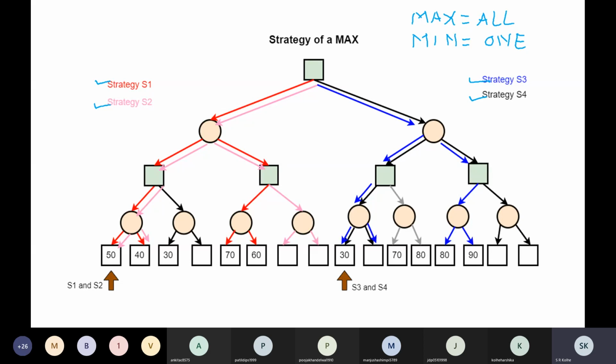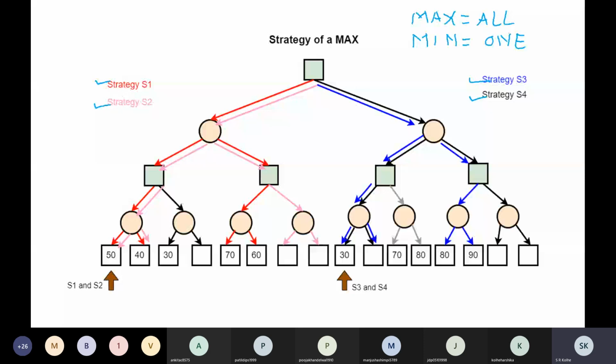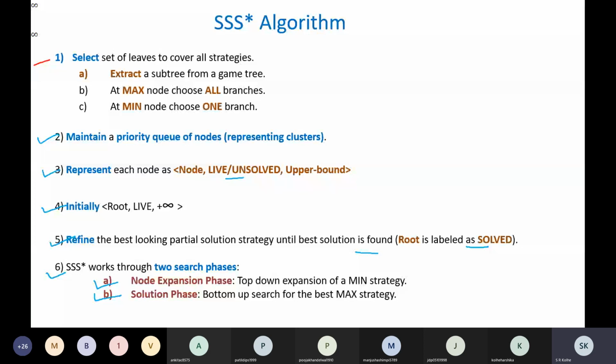The first step of the algorithm is you have to find out the set of nodes which will cover all strategies. To do that, at max you select all, at min you select 1. Understood up to this point? Yes, sir. That was your first step.